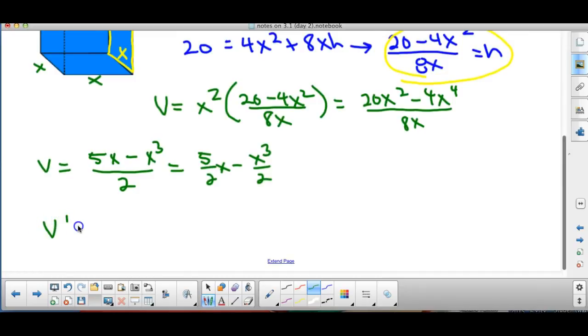So we'd have v prime equals 5 halves minus 3x squared over 2. And then to figure out where we have a maximum, that's where the slope of the tangent line is equal to 0. So we set our derivative equal to 0 and solve for x.